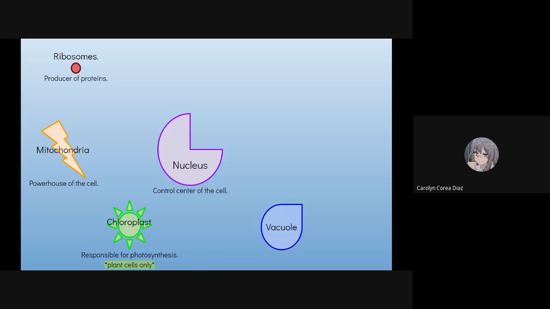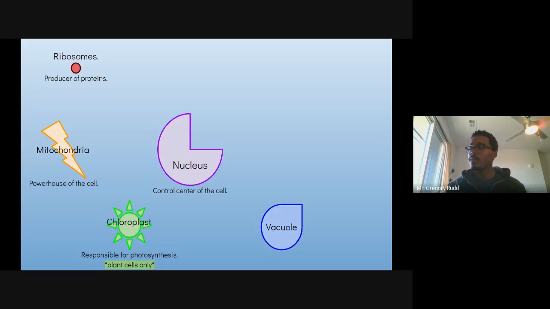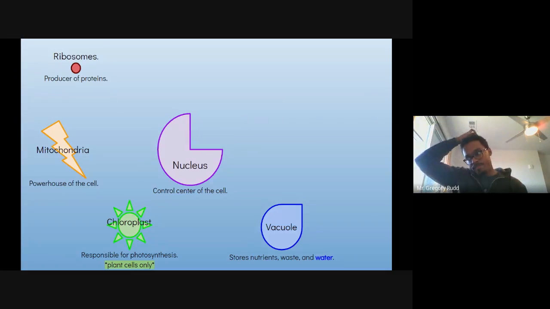Stores water and other nutrients. Wonderful. Thank you, Carolyn. Nutrients, waste, and water. And as we saw on the last slide, the vacuole inside of a plant cell is typically larger. We're going to talk about the reason why that is coming up soon.